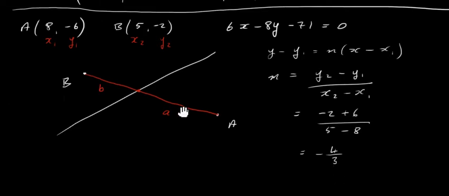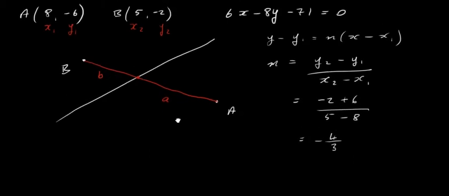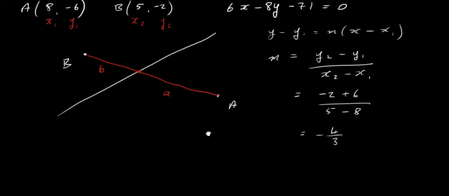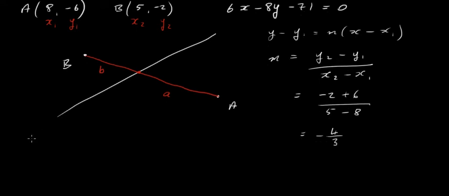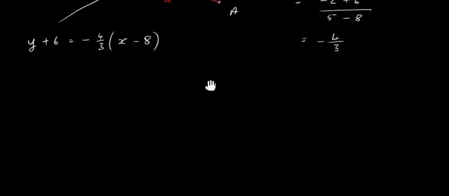Okay, so now I'm going to use this point, A, in my formula for the equation of a line, and this slope here. So let's do all of that. So we have y minus 6, so that's plus 6, is equal to our slope, which is minus 4 over 3, times x minus 8. So there's the equation of my red line.